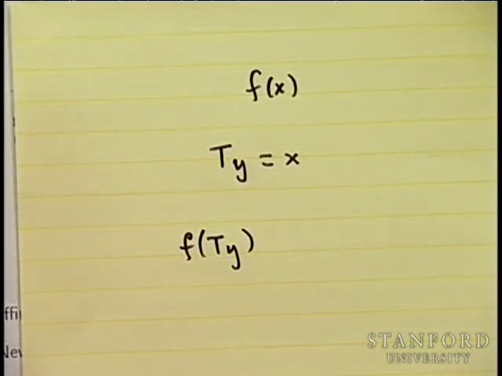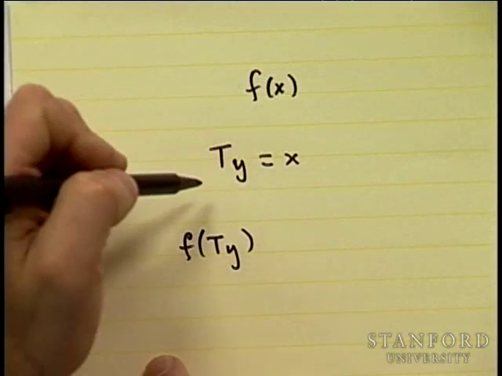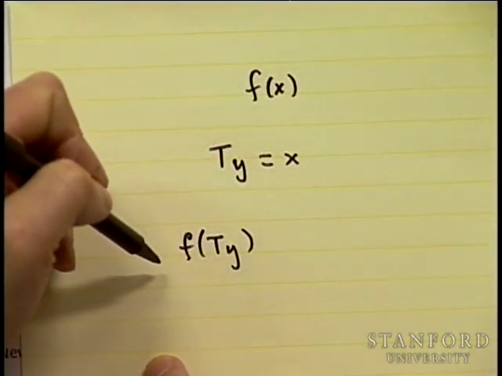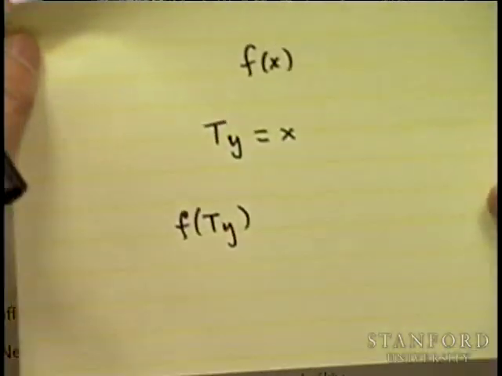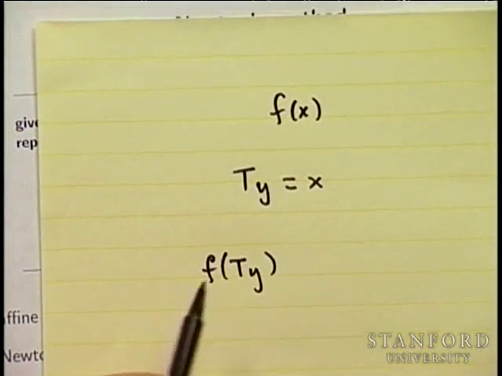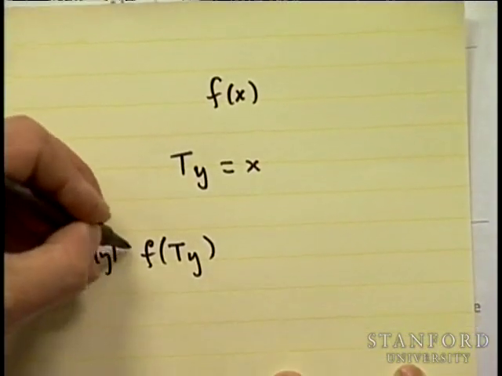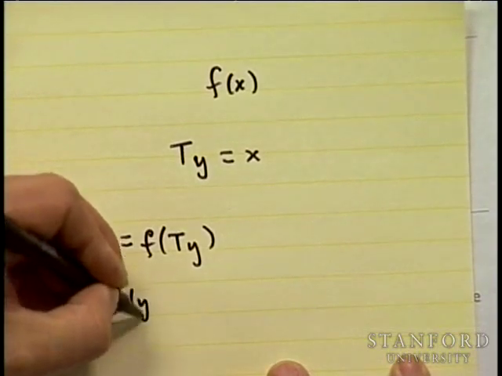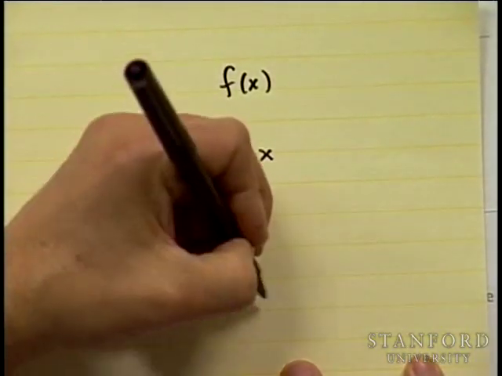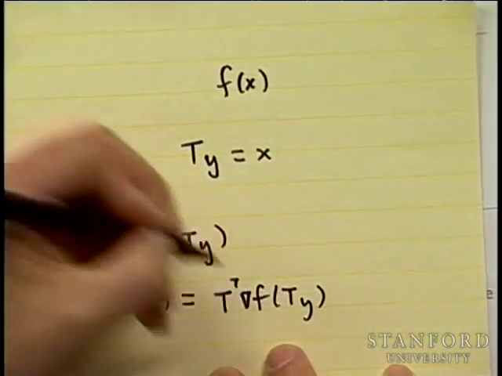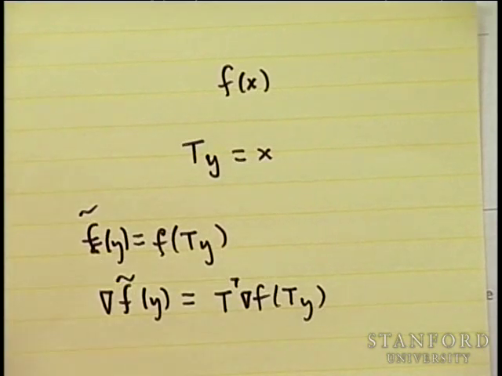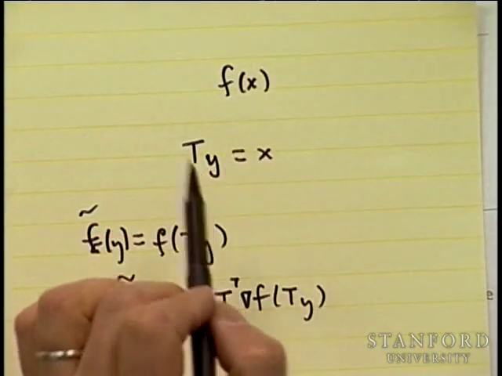But then you ask, what if I change coordinates and then apply the gradient method? Do you get the same thing? The answer is no, you don't. If you call this function f tilde of y, then grad f tilde of y is actually t transpose times grad f of t y. So if you change coordinates and then apply the gradient method, these don't commute.